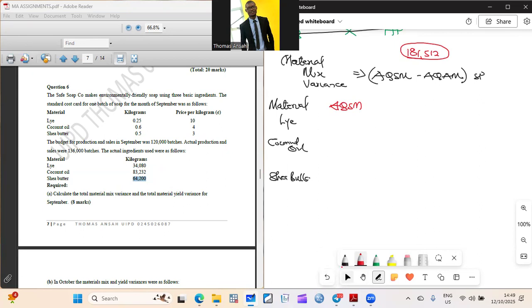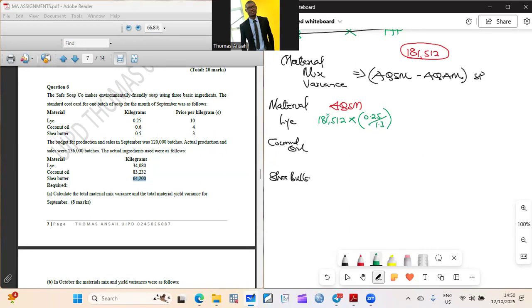So if you pick lye, it will be 181,512 times SM, the proportionate mix. The SM is 0.25 over the total. What is the total? 1.35. That gives you your AQSM.